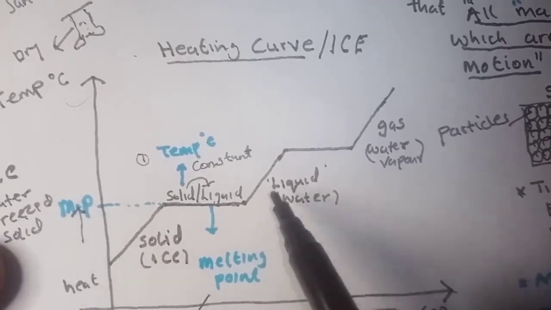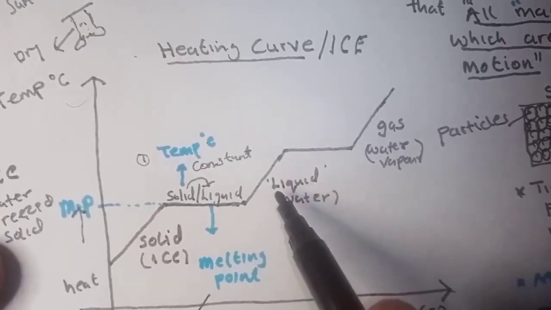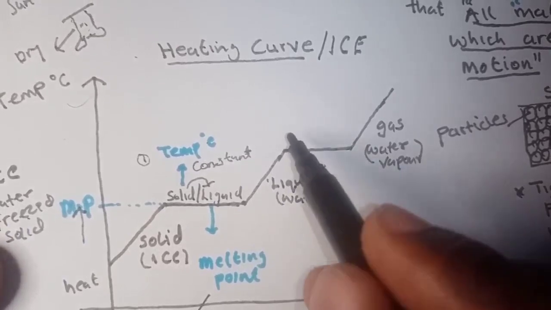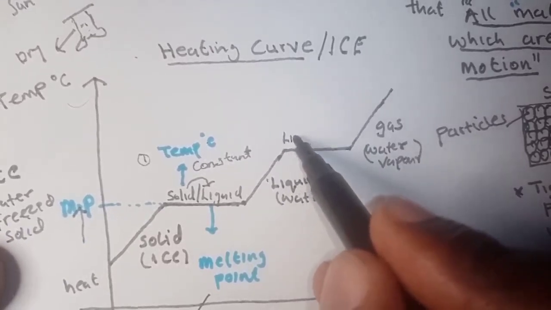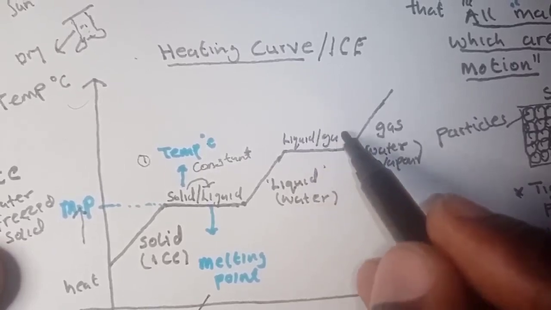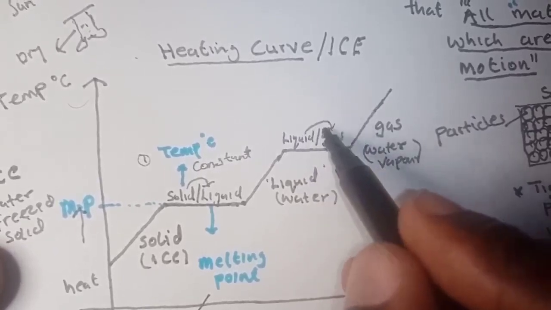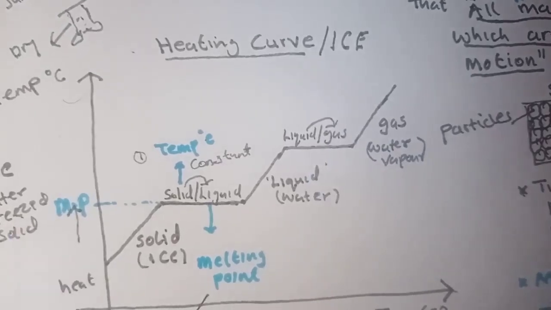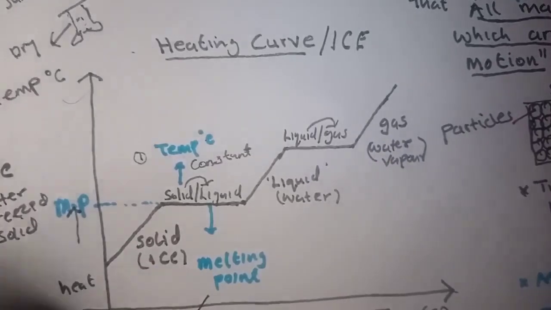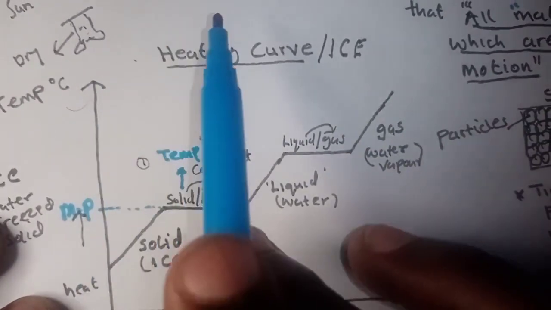Okay, so now it's a liquid. Here again, it remains flat. Because what is happening? You have liquid changing to gas. Now, where a liquid changes to gas, what is that called? It is boiling.